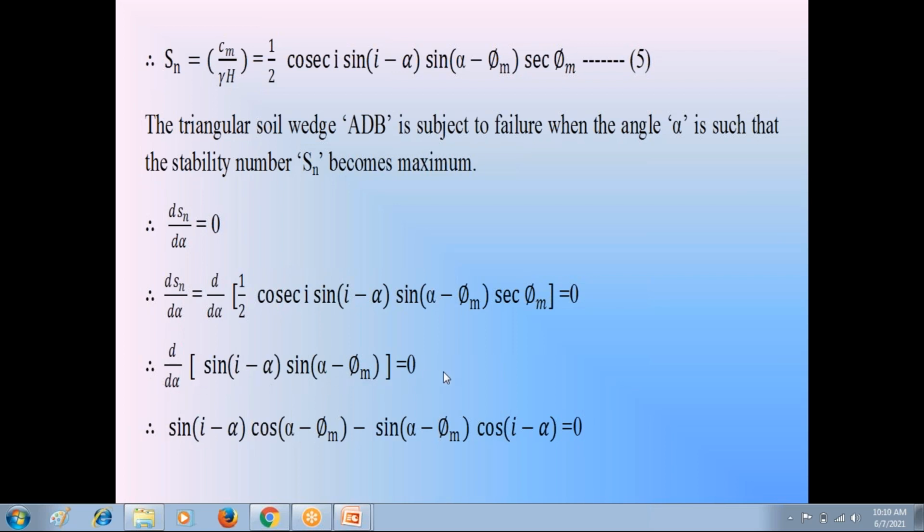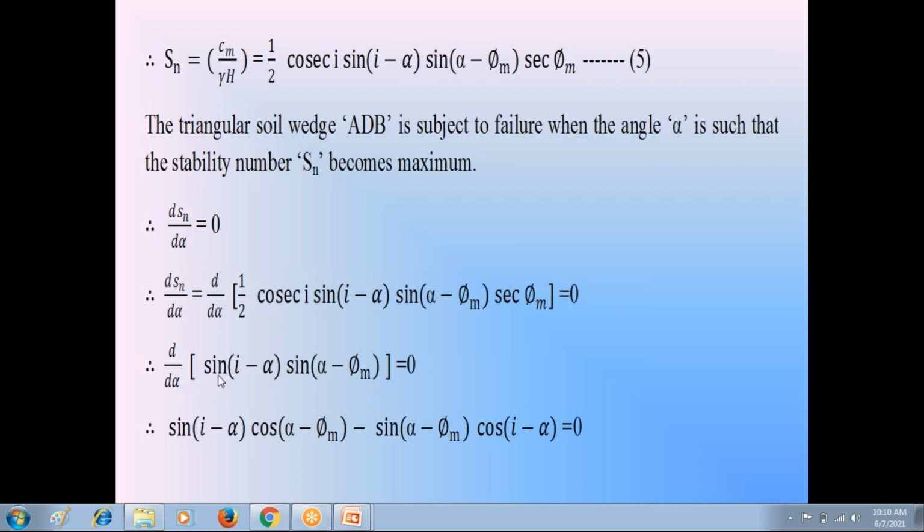Simplify this differentiation. It is a d by dx of uv form. I hope you know the formula: d by dx of uv is equal to v into du by dx plus u into dv by dx. Apply that formula here. Take u as sin(alpha minus phi m), v as sin(I minus alpha).